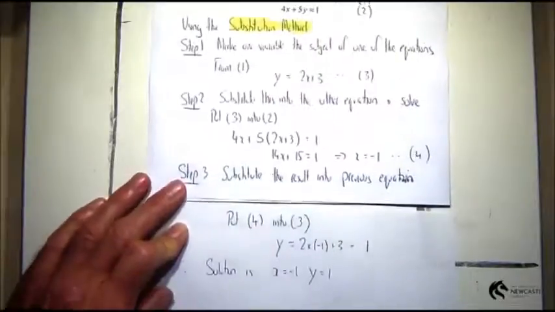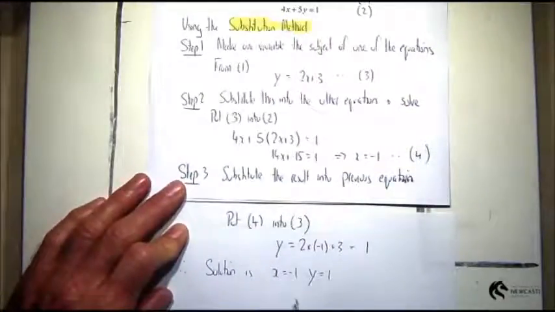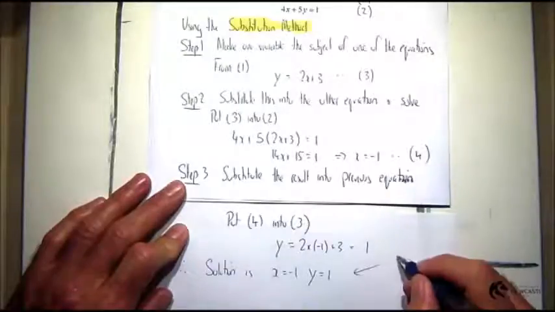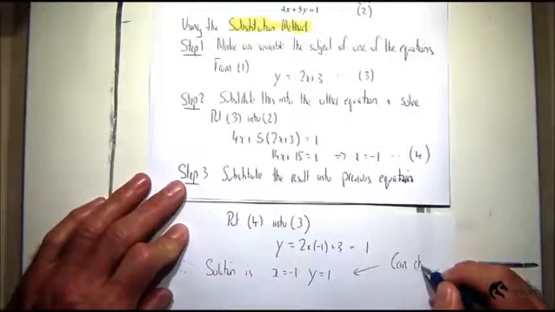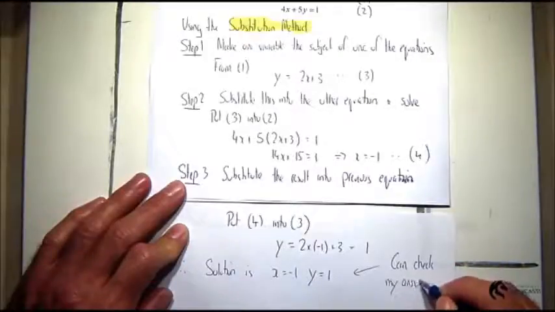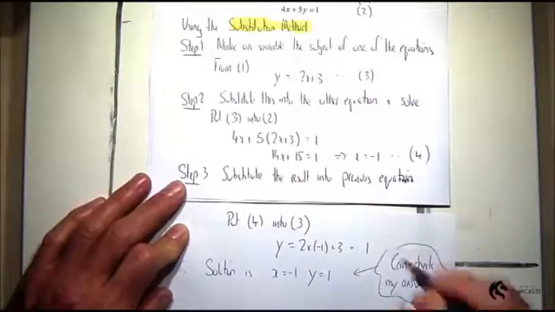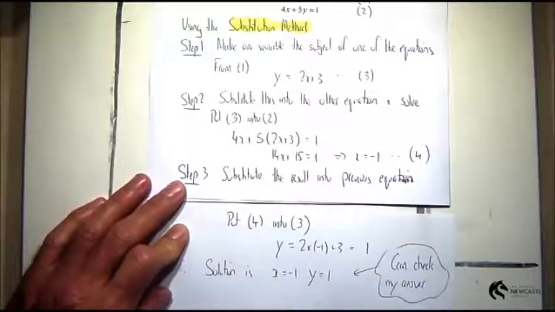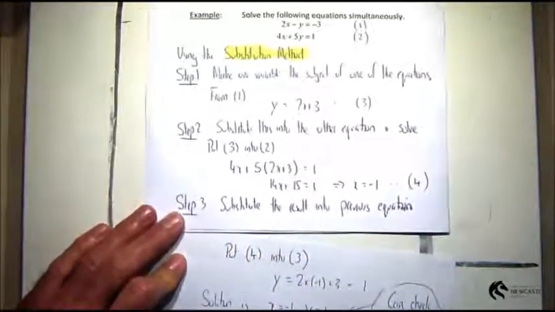Now, the beauty of this is that I can tell whether I got it right or not. So I'll just say here, can check my answer. By going back to my original set of equations, I can just see them up there.